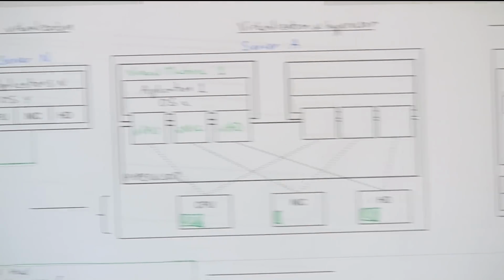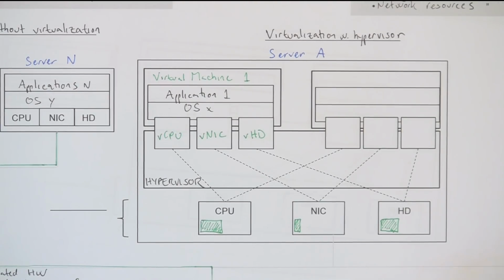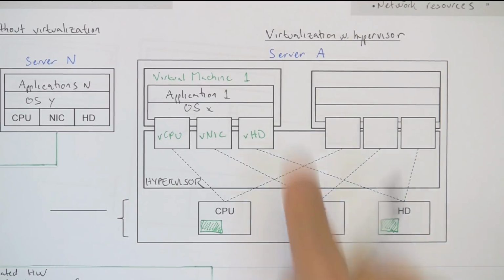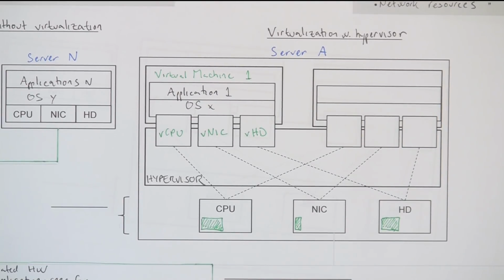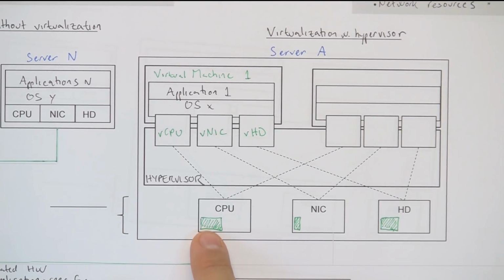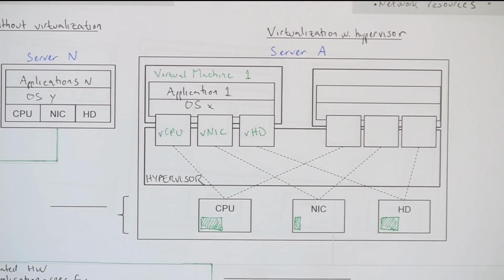So it could look just like the left side here, only it's all running in the same server, server A. And as you might have guessed, we have given green some usage down here in these resources. Now we need to give someone else access to the rest of those resources.